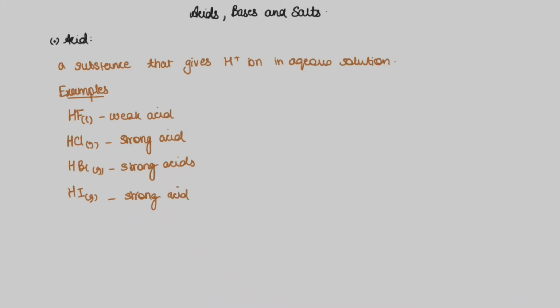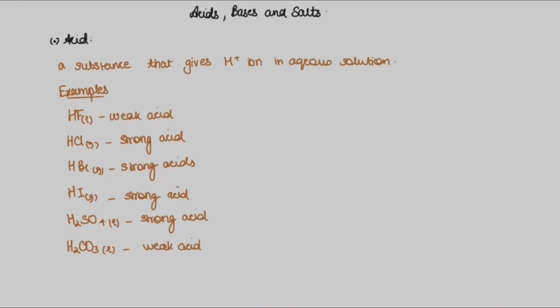Alright, now we have H2SO4. It's liquid at RTP, so it's also a strong acid. Next we have H2CO3 or carbonic acid. It's liquid at RTP and it is a weak acid.